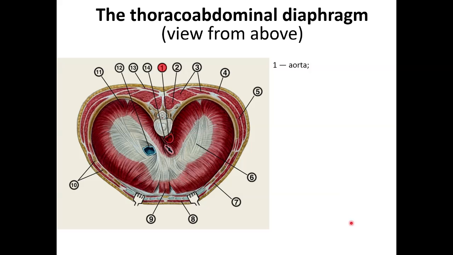And we can see that the aorta passes through the diaphragm. It is lying on the anterior part of the corpus vertebrae, but not in a central position, but on the left side of it.